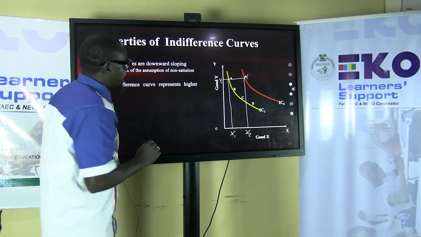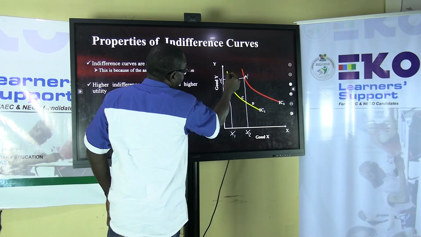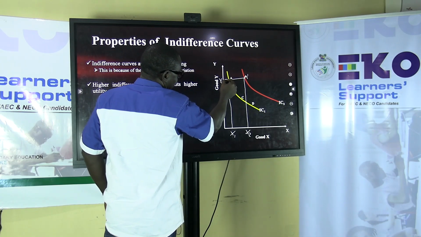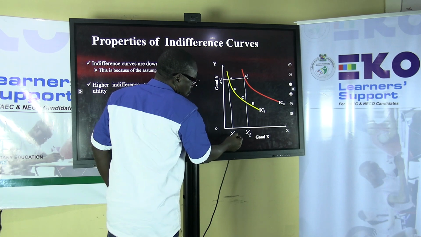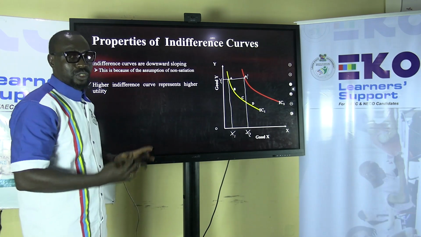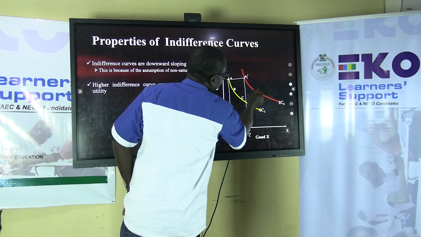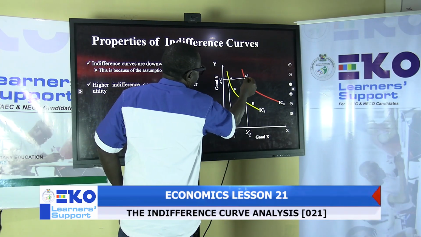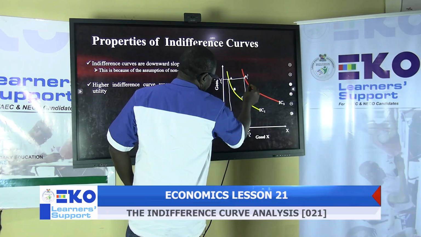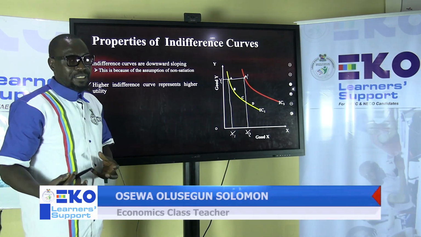So what we are saying is that at point A, Y1 of good Y and X1 of good X are the combinations that give satisfaction to this consumer. But at a higher indifference curve, A prime at this point, Y1 and X2 give the consumer satisfaction.